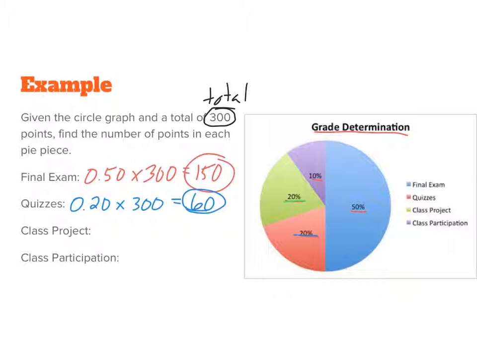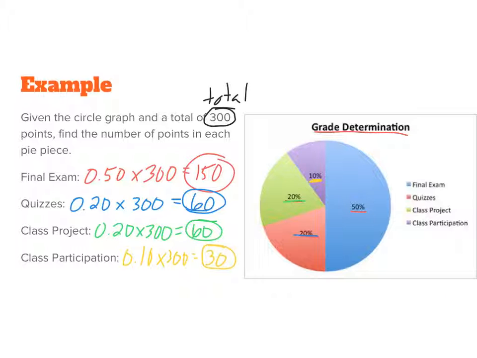Class project is also 20%, so I should do 0.20 times 300, and again, I'm going to get 60. So 60 points are from the class project. And for our last one, we've got class participation. That's 10% of the grade, so if I take 10%, 0.10, and I multiply it by the 300, I get the number of points that come from class participation, which is just 30.